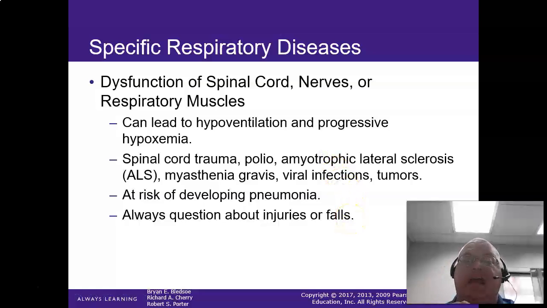Again, if you get a spinal cord nerve or respiratory muscles that get damaged, usually the biggest one is that they just quit breathing on you. Okay. The spinal cord trauma, polio, ALS, which is Lou Gehrig's disease, myasthenia gravis, they lose the muscle control. They actually develop pneumonias pretty easily as well.